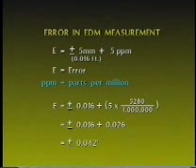Here we have the formula for determining the error in an EDM measurement. In the specifications that were sent with the EDM, there is a value given for the accuracy of the instrument. For the Geodimeter 410, this value is plus or minus 5 millimeters, which is equal to 0.016 feet, plus 5 parts per million.